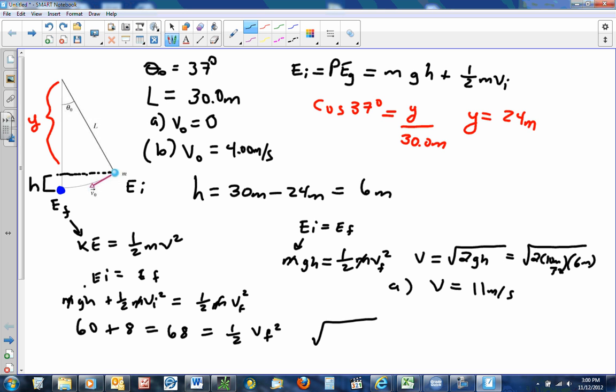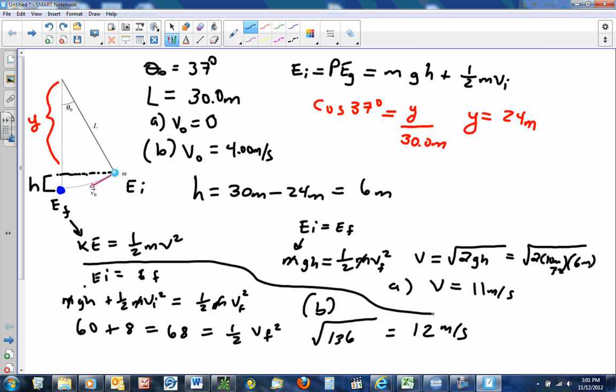So it's going to be the square root of 136, which equals 11.66, or basically 12 meters per second. And that's for the B part right here. So this is the B part, all down in here. There's the B. There's the A. And that's how you do that problem.